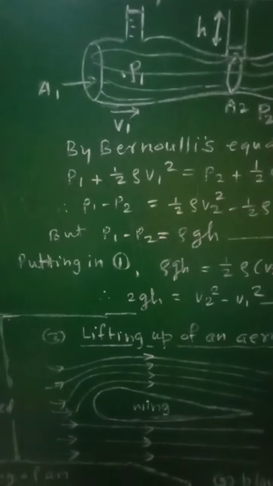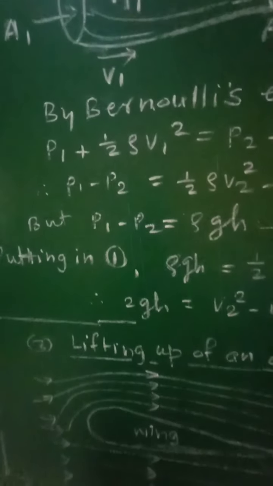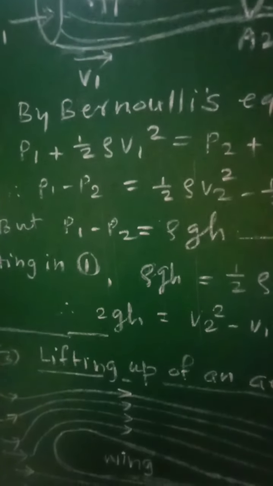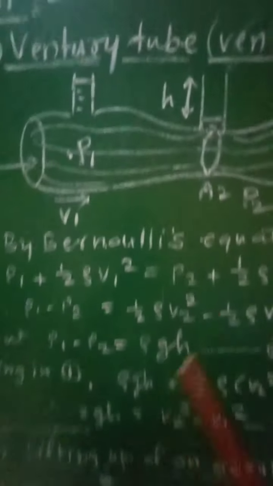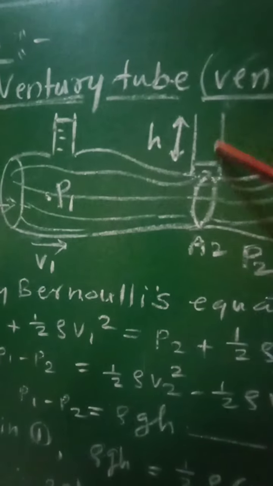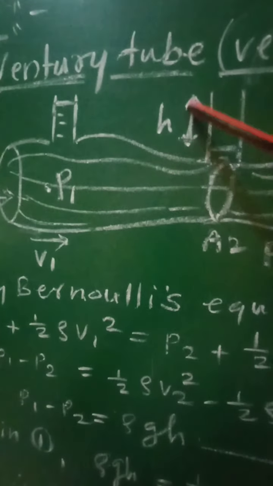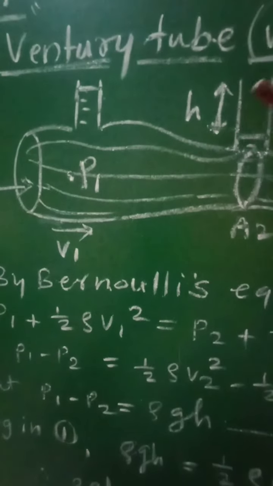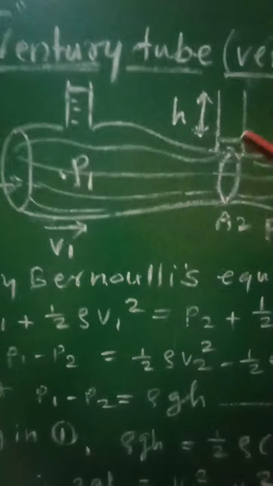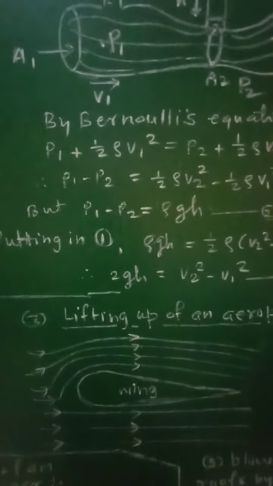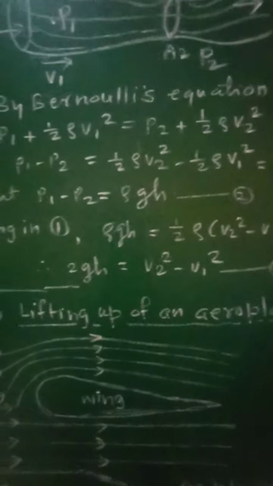Now we know that P1 minus P2 is equal to rho GH, because if you consider this height and this height, there is a difference of height equal to h between these two levels. Therefore P1 minus P2 will be written as rho GH, that is the potential energy, equation number 2.